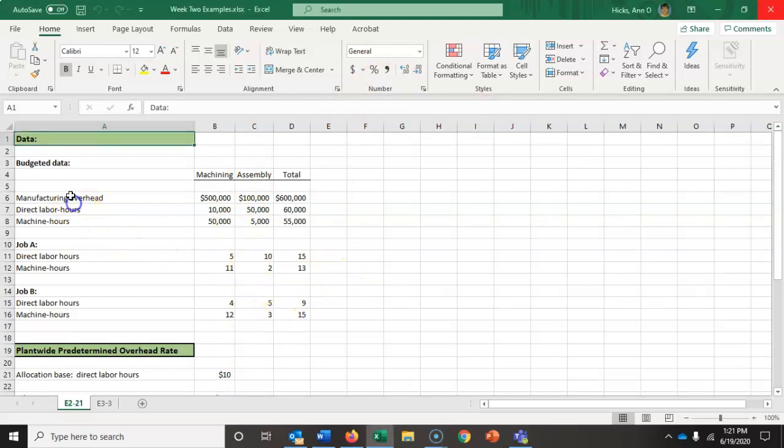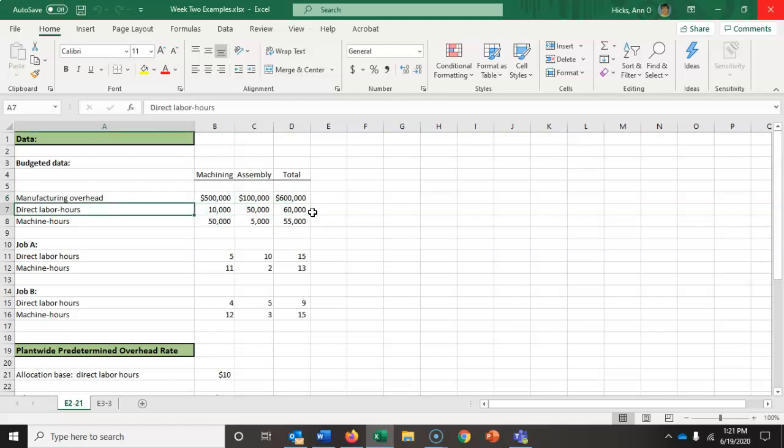So the data we're going to work with, we have budgeted data for this company. There are two departments involved in the manufacturing process, the machining department and the assembly department. We have manufacturing overhead for both. Here is $500,000 in the machining department, $100,000 in the assembly department, for a total of $600,000.